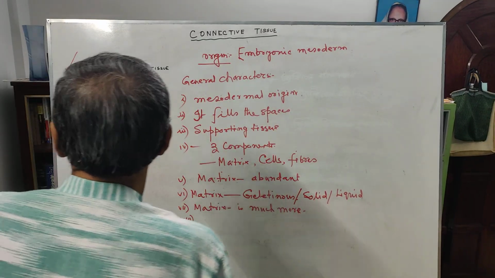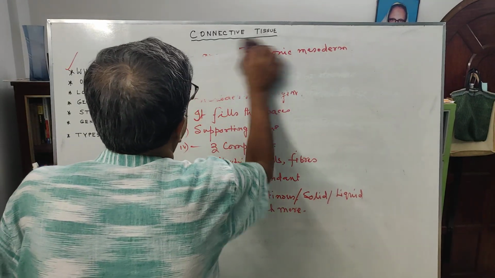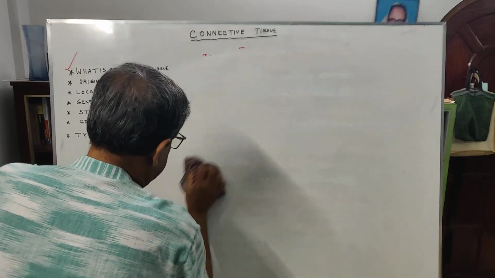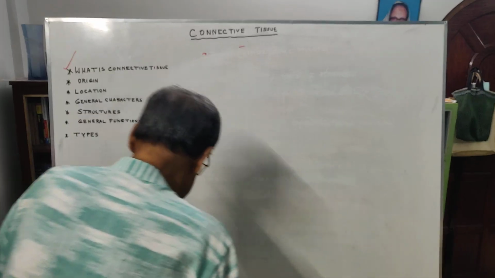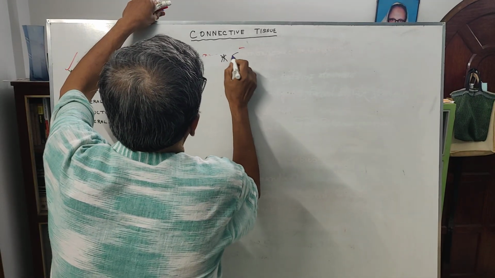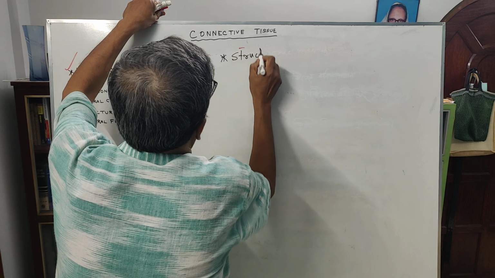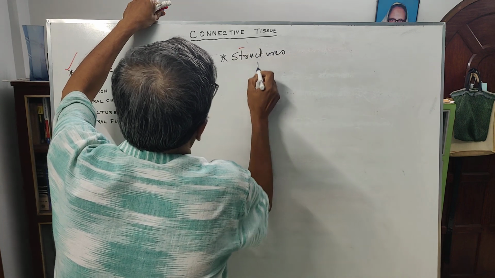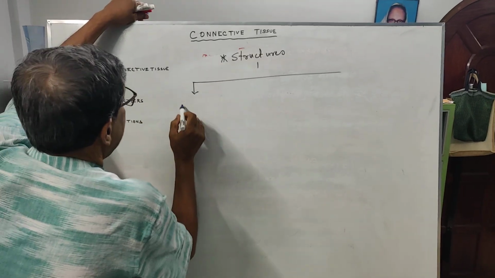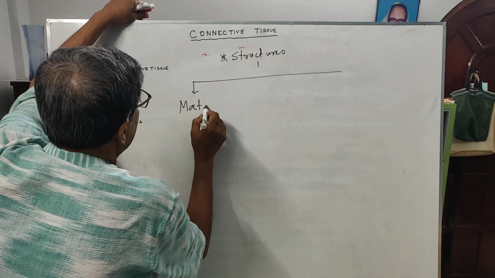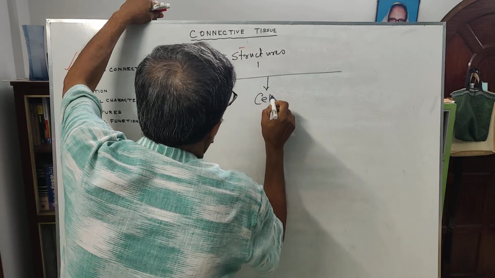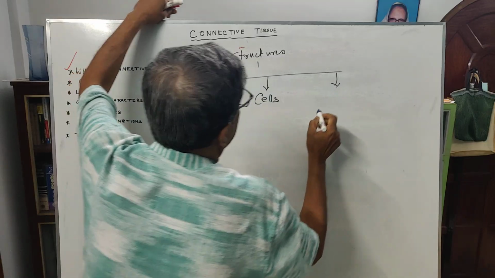Next, I will discuss the structure of connective tissue. Connective tissue is composed of matrix, cells, and fibers.